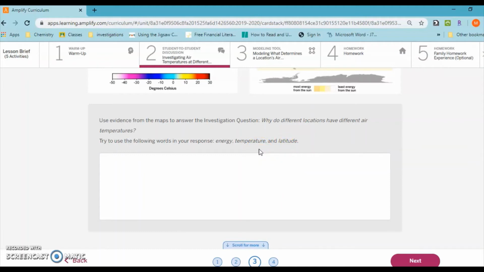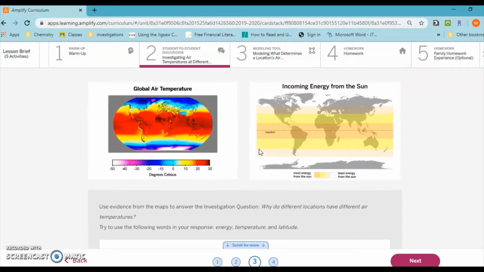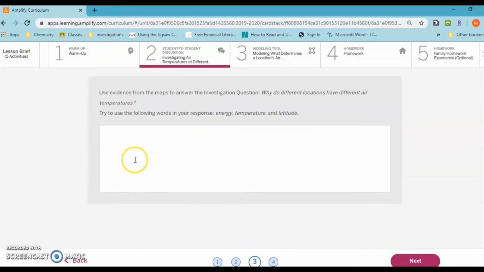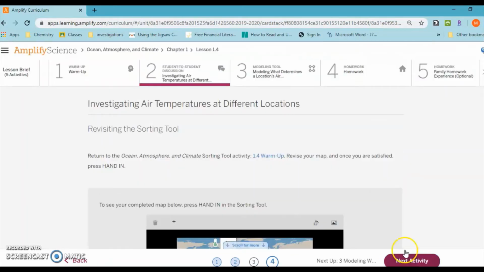We know that as temperature increases, energy is also increasing. So we want to look at what we see happening here, and how that translates into temperature. And we want to talk about what's happening at the different latitudes. Okay, once you fill that piece in, we're going to hit next.